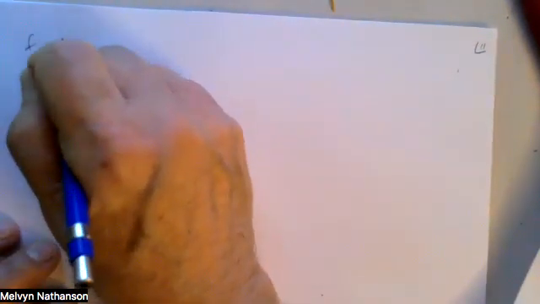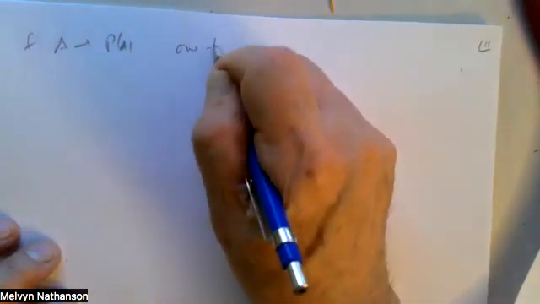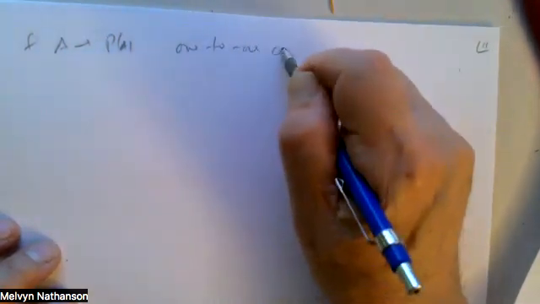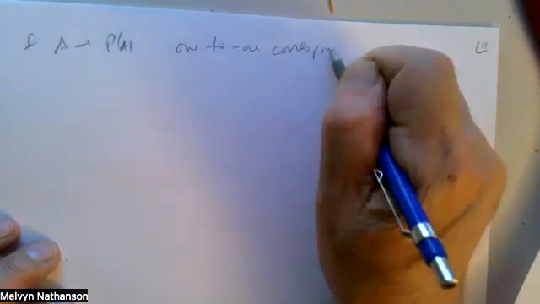So suppose we have this function. That is, we're going to assume there exists this function from A to the power set of A, which is a 1-to-1 correspondence.